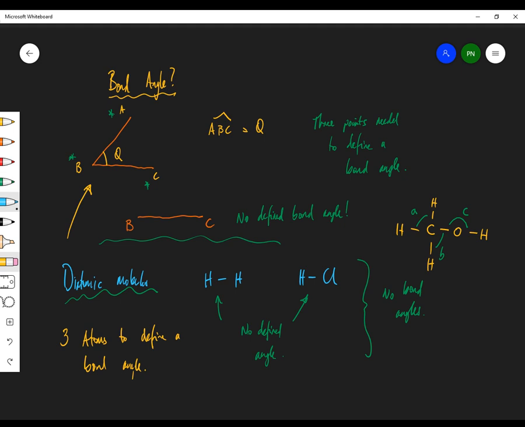In chemistry, we'd say angle A is the HCH angle. We put an angle sign here. What does that equal? In this case, it's 109.5.